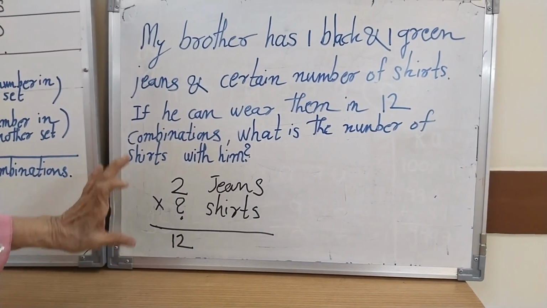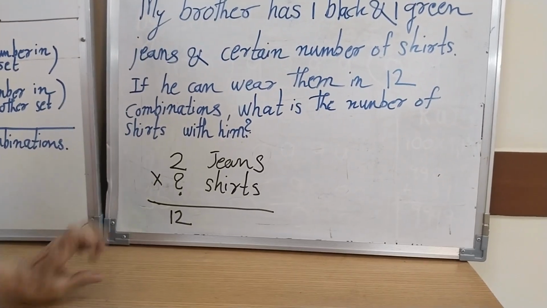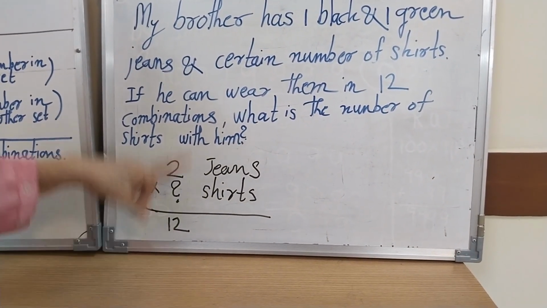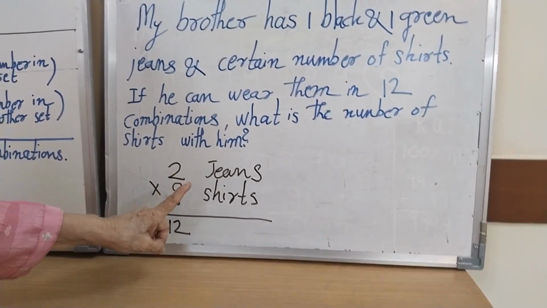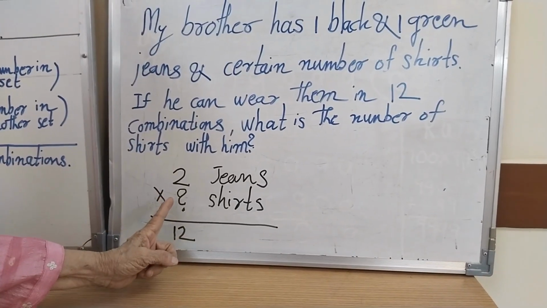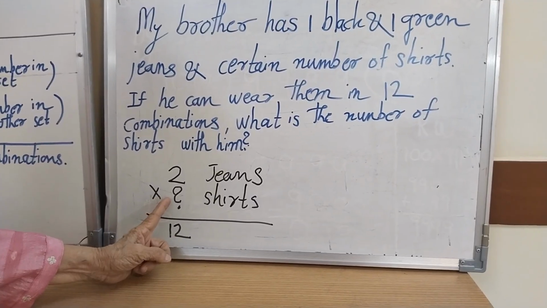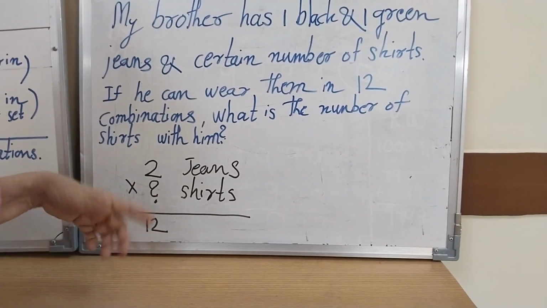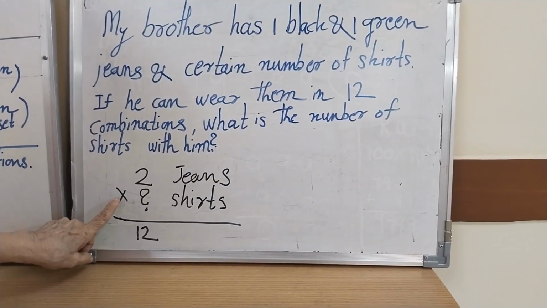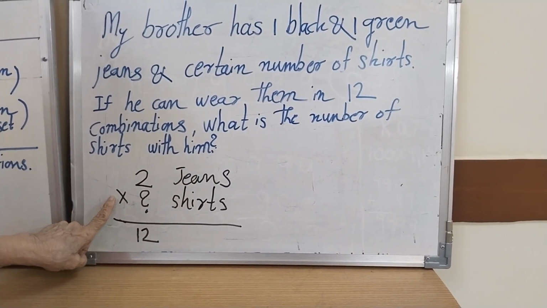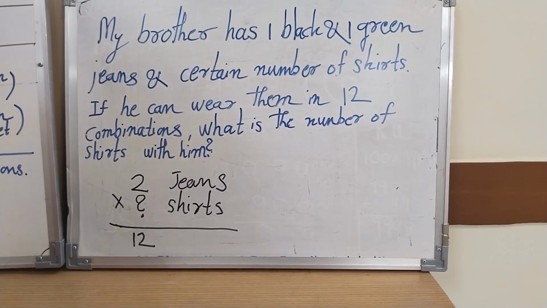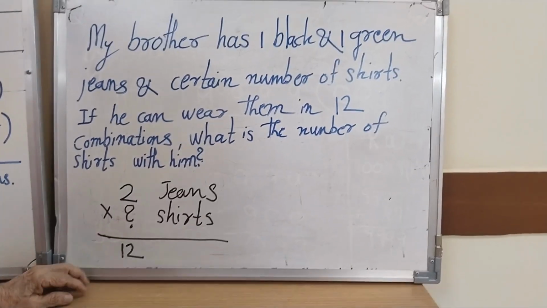So when the data given is like this, means they have given us the combination number, but in one particular set, how many shirts are there, we don't know. Then what do we have to do? Here it is multiplication, so we will have to take it as a division sum.